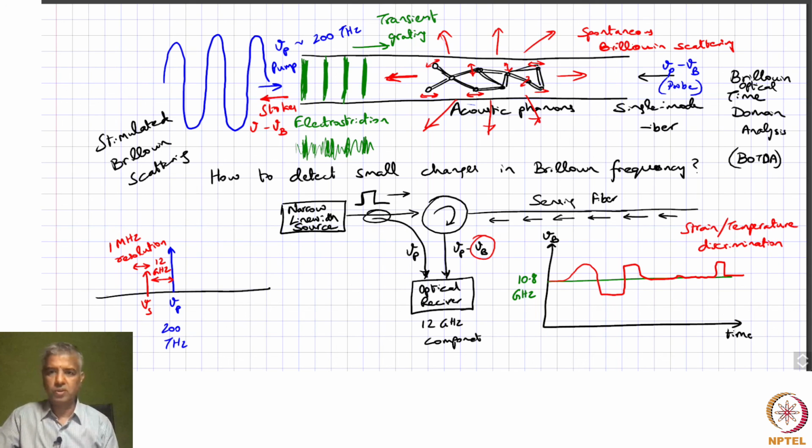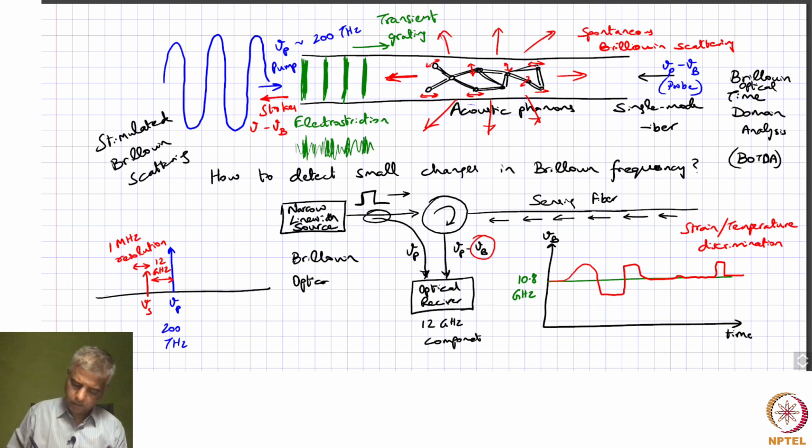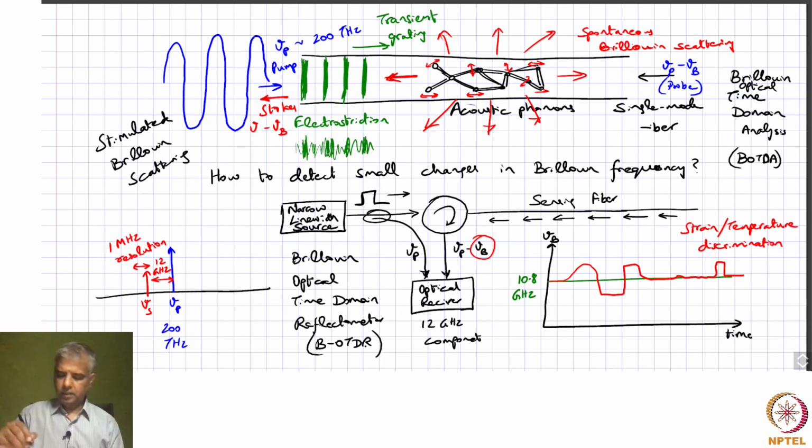But that of course requires more components, and it's a more sophisticated technique compared to this technique, which is actually the Brillouin optical time domain reflectometer. In short, it's called BOTDR, right?